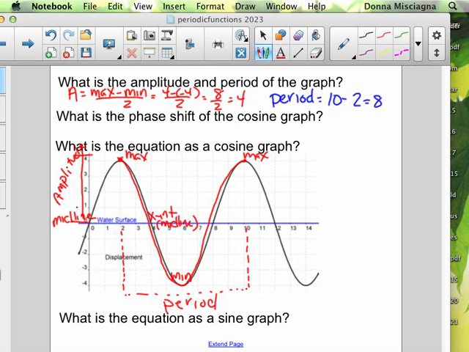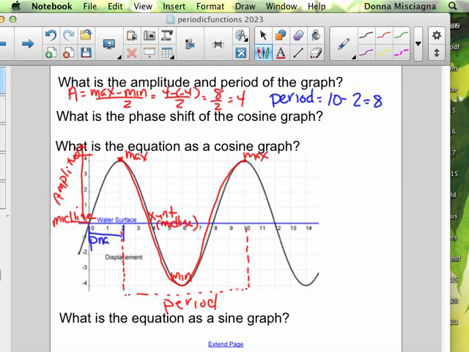The phase shift is where, if the graph does not begin at the y-axis, the graph begins. For one period of this graph, you can see that the period starts at 2 and ends at 10. This right here is the phase shift.